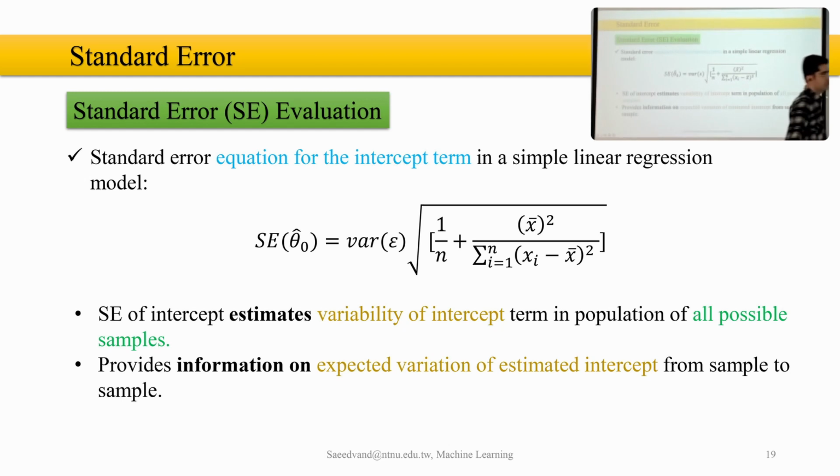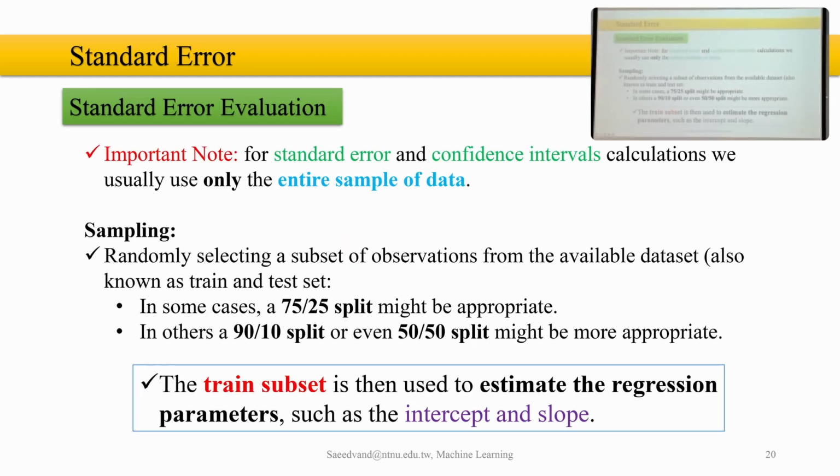And this sample to sample, we will discuss soon how precise it can be. Let me explain next. We say standard error and coefficient intervals calculations. We usually use only the entire sample data for doing this.